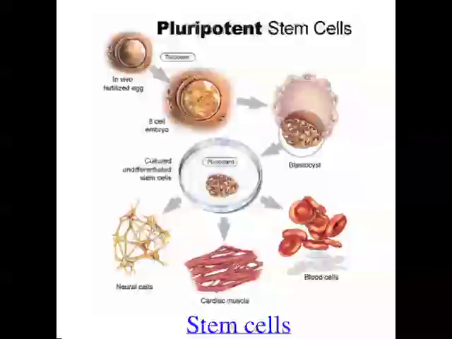So in talking about stem cells, there's actually a few different types of stem cells. There are totipotent, pluripotent and multipotent stem cells, and that basically refers to their power or their potency to produce a range of different cell types. So totipotent stem cells can give rise to all cell types of an organism. Pluripotent stem cells can give rise to most cell types of an organism.